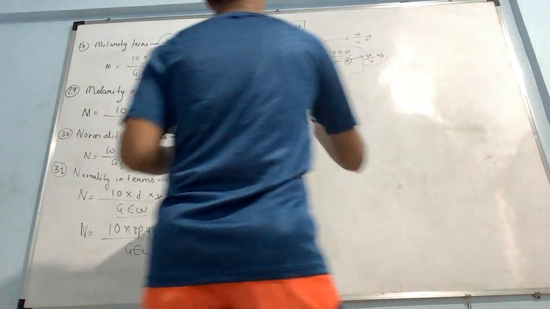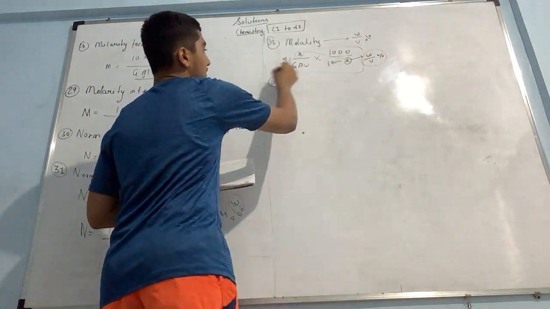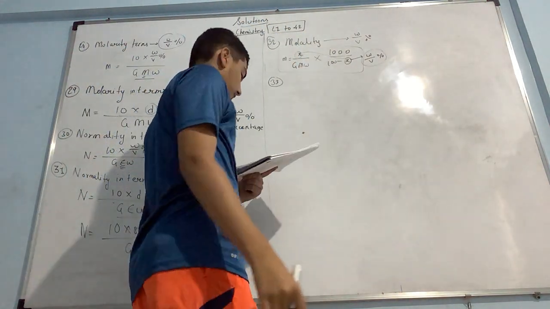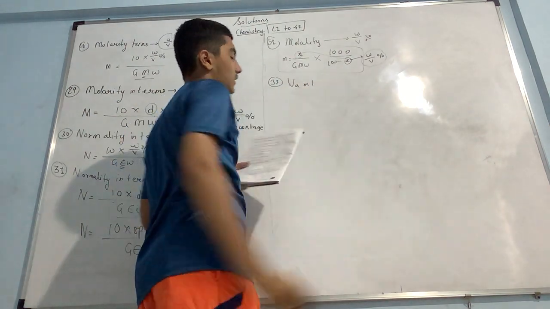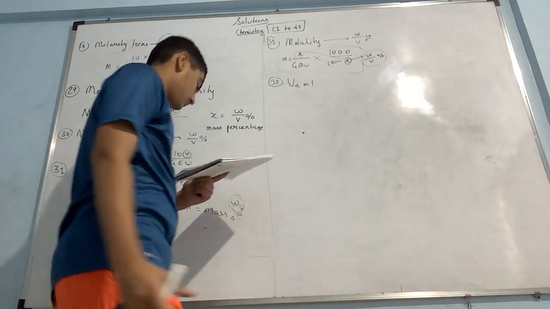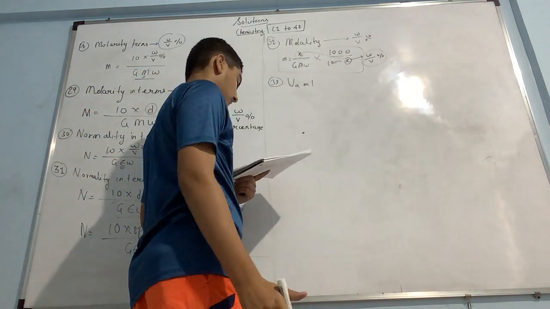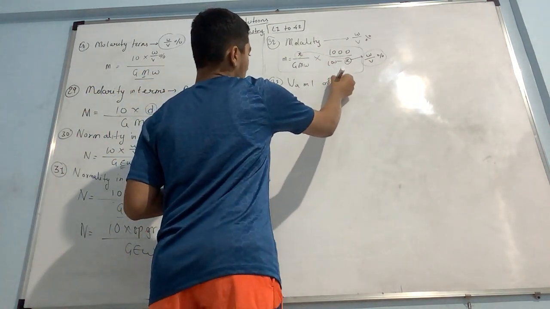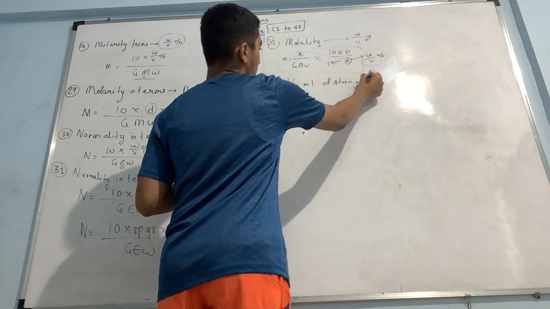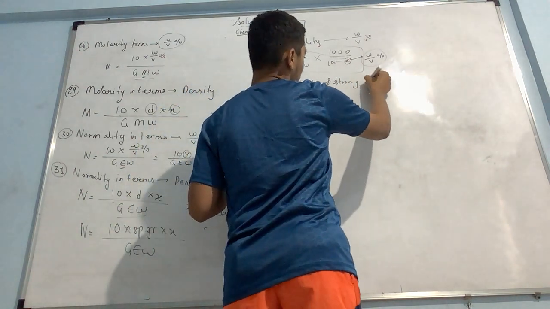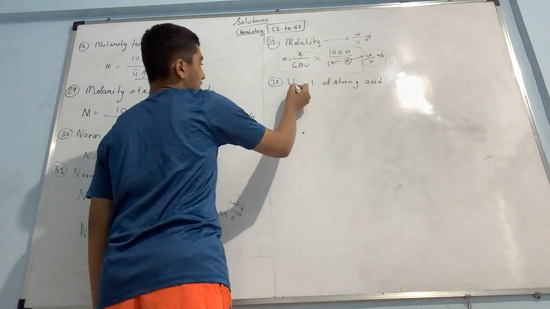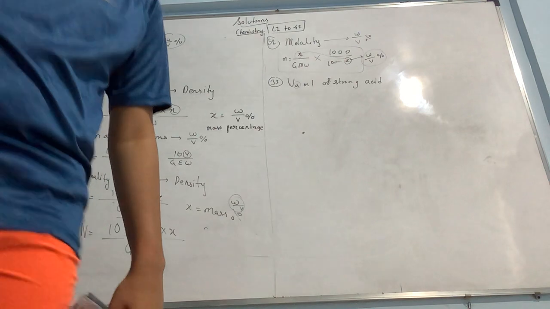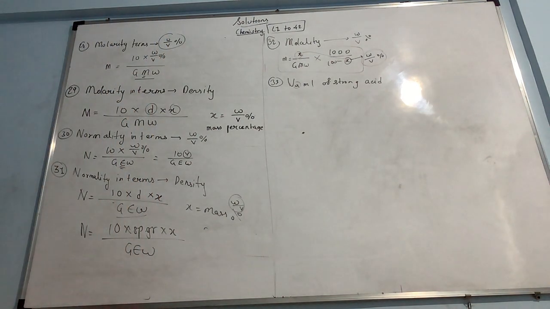Now 33rd point. Easy points these are. When we have given a random volume of strong acid, but they don't give a specific value, we have given A. Now I'll treat this and this.